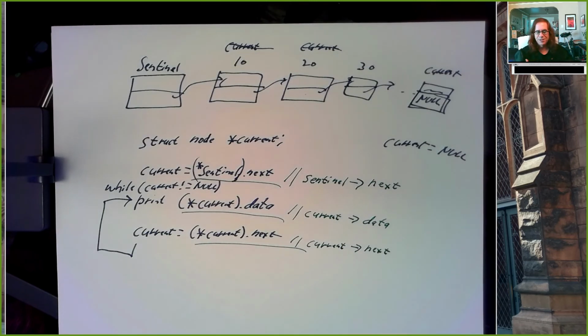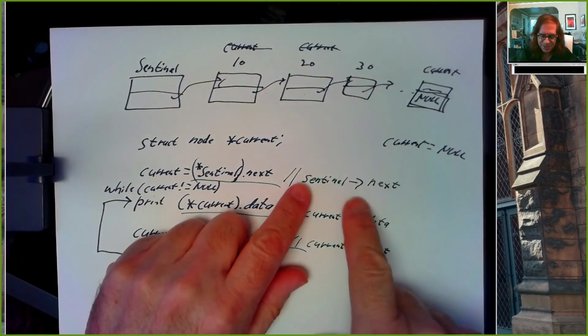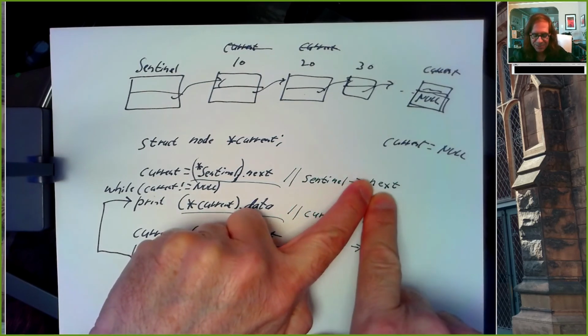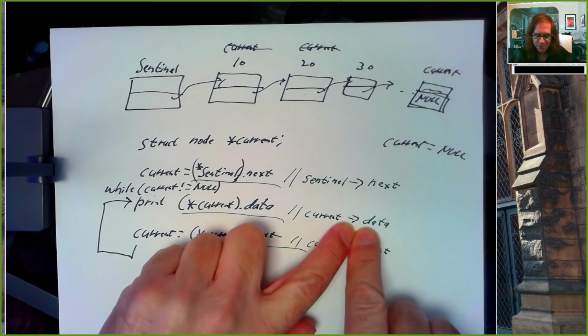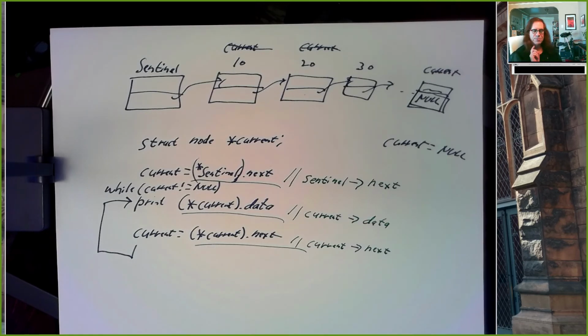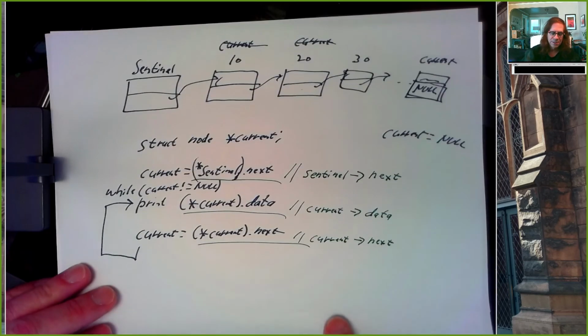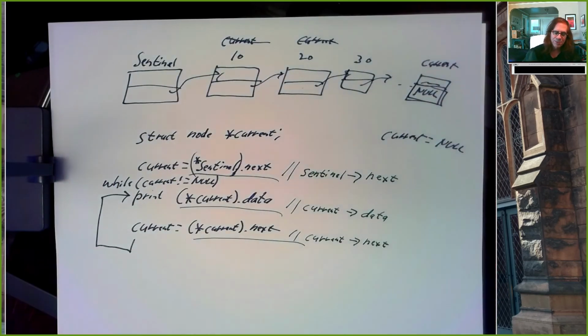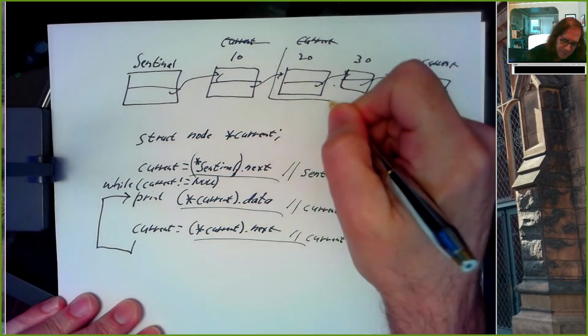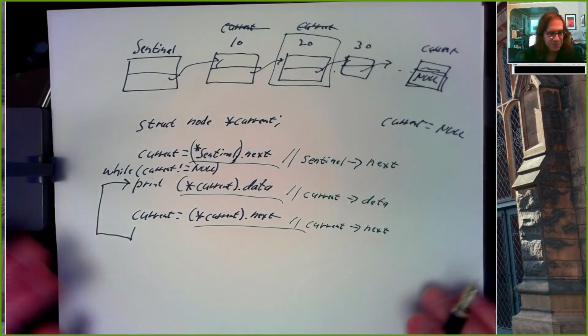The way that I read this in my brain, deep down, is the arrow tells me take sentinel, see what it points to, and then grab the next field. Take current, see what it points to, and then grab the data field, and so on. And there's a reason for that shortcut. Suppose we have our linked list here and we wanted to access this node right here. Let's say we wanted to look ahead.